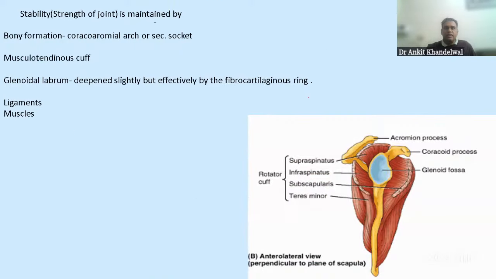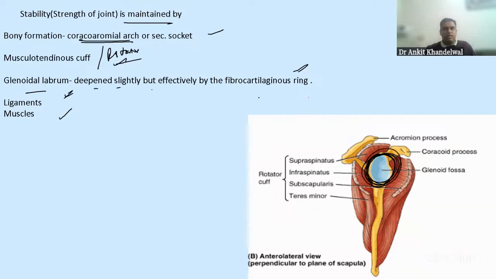The strength of the joint is maintained by all this, so this is what you can write in theory. You have the musculotendinous cuff, that is the rotator cuff. In the previous session we discussed it. We have the coracoacromial arch, and the glenoid labrum: the glenoid cavity has an outer lip formed of white fibrocartilage, just to deepen the socket, known as the glenoid labrum.